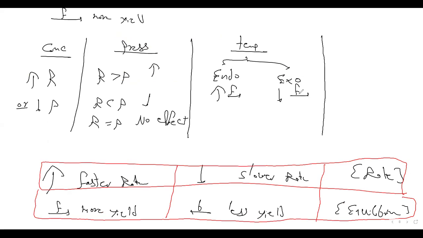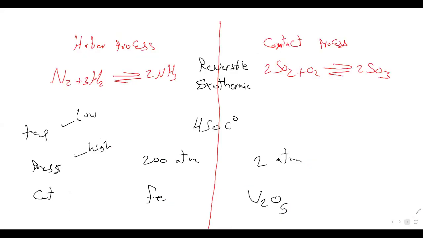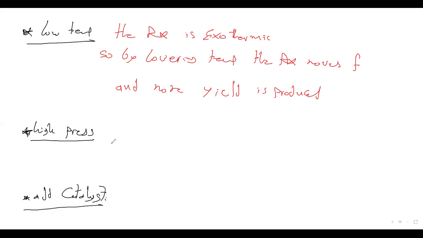And pressure, we have number of moles of reactants greater than products, so we must add pressure. In Haber and contact, we have 4 moles, 2 moles, 3 moles, and 2 moles. So by increasing pressure, the reaction moves forward to the lesser number of moles. So why we are using high pressure?